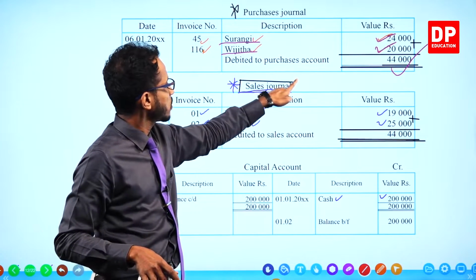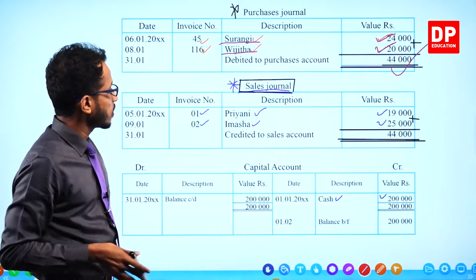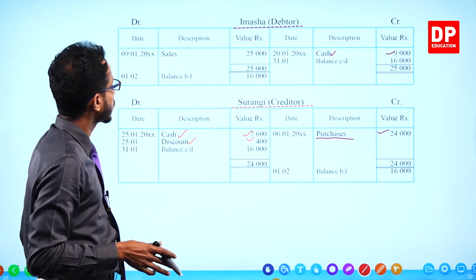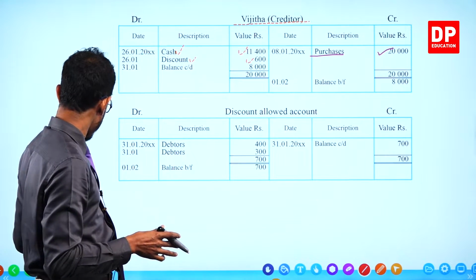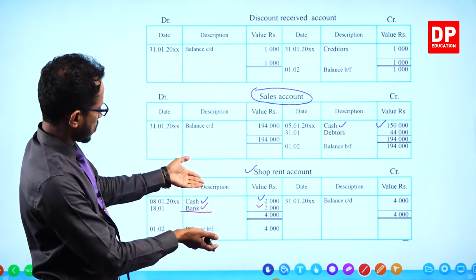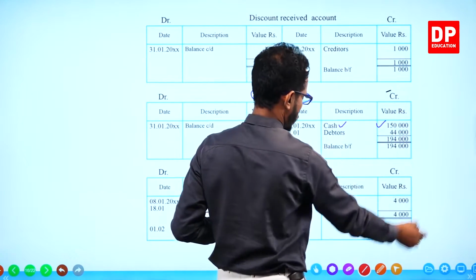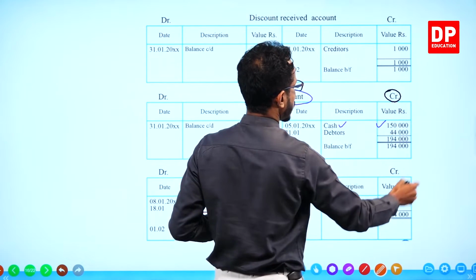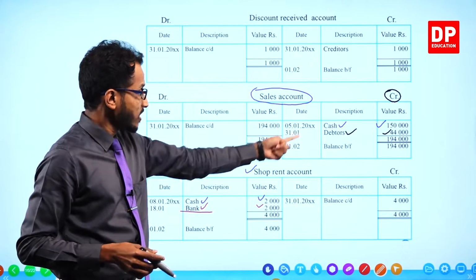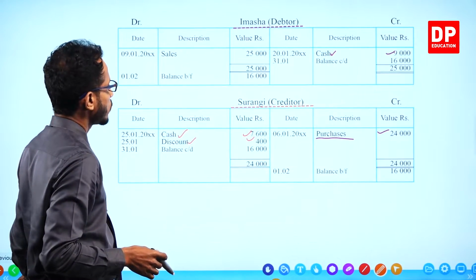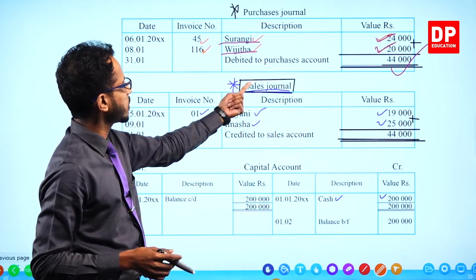From the sales journal to the sales account. Okay, sales account credit. Where is the sales account? Where? Oh, it's here. Sales account credit 44,000. Description is debtors.